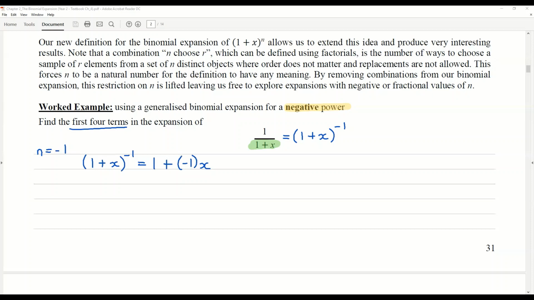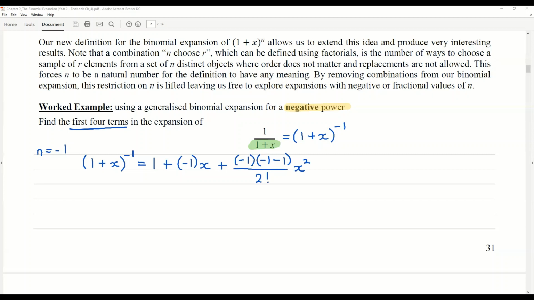It will limit the number of errors you're going to make with signs, because signs are going to cause a few difficulties as we go through this process. So that's 1 plus nx, and then using our definition, we have n multiplied by n subtract 1 over 2 factorial, and that is the coefficient of x squared.